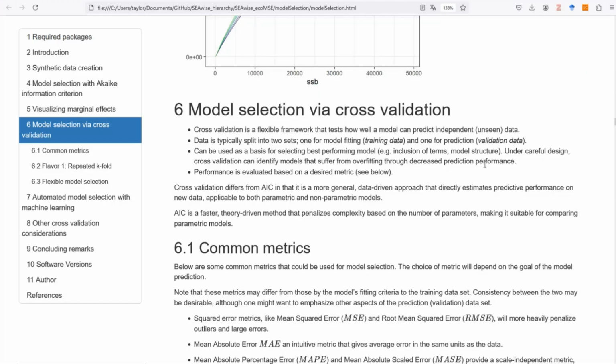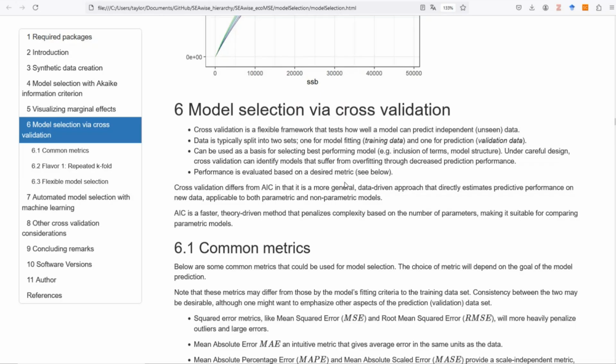So it can not only find a model for you, but also, in a way like AIC, it can penalize for being overfit, hopefully through decreased prediction performance. And the performance can be evaluated based on whatever desired metric you choose. And this could be even several metrics.